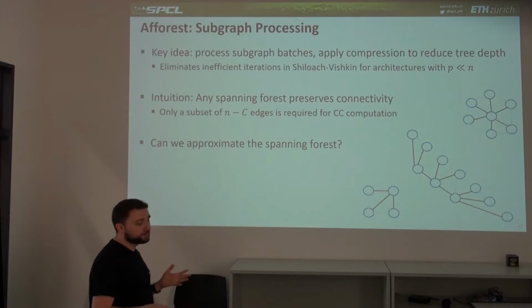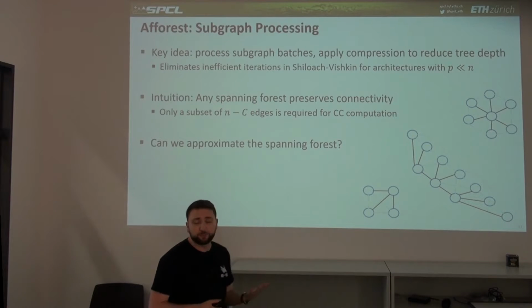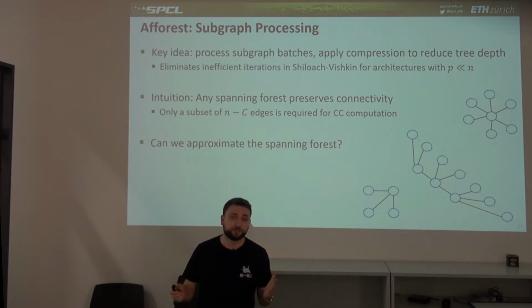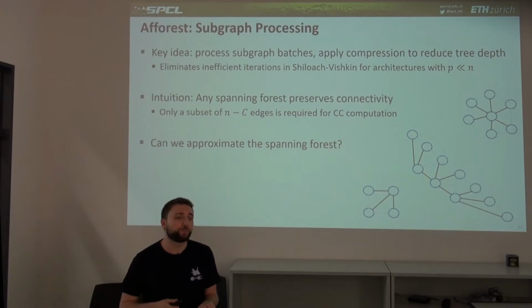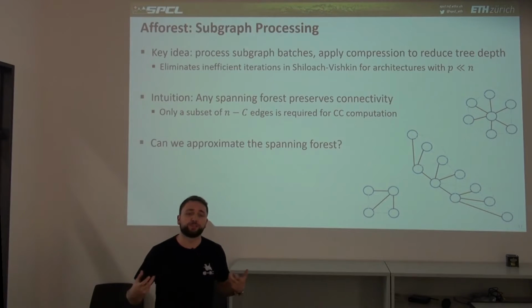Now, first of all, if we would run this link procedure on all of the edges, at some point it will become a bit slow, because the link procedure does not compress the trees as the Shiloach-Vishkin algorithm does. So we will end up with very deep trees.